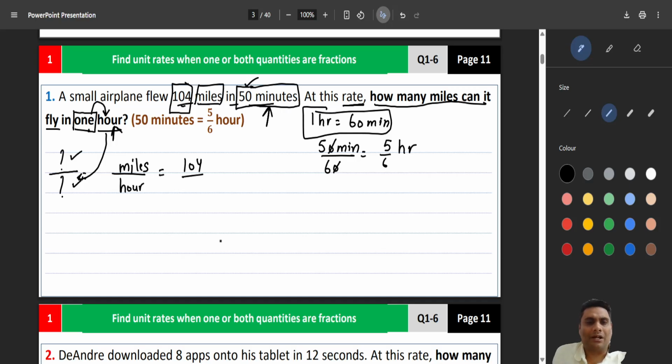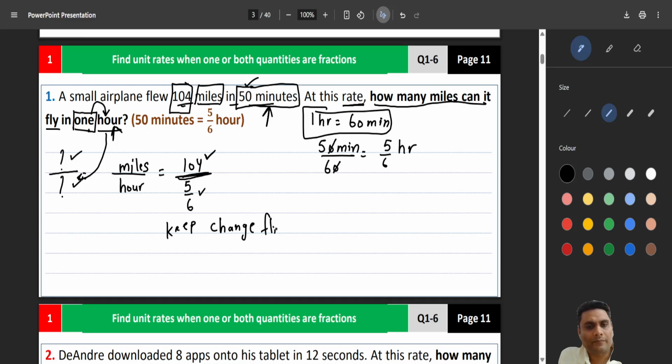Okay, so now my time is 5 over 6 hours. Now what are we doing here? We are trying to divide this whole number by this fraction. This line here means divide. Yes, this is divide. So we are trying to divide the whole number by the fraction. For doing this, we use a trick. The trick is keep, change, flip.